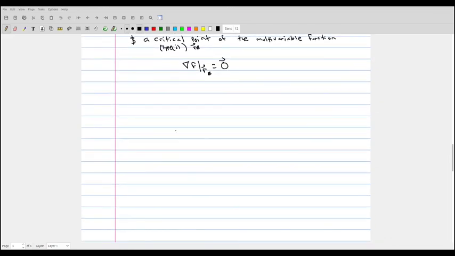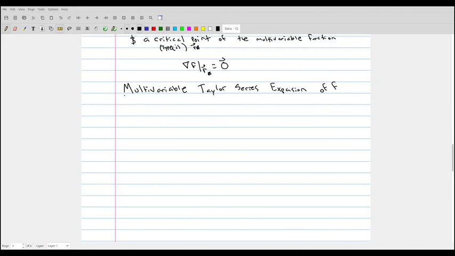Well, it turns out what we can do is a similar procedure to the one we did in 1D, and it's called the multivariable Taylor series expansion of the function f.